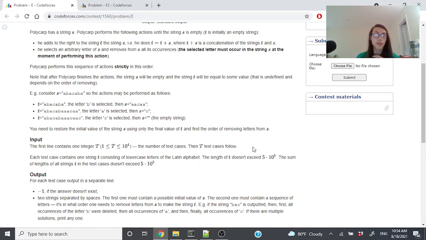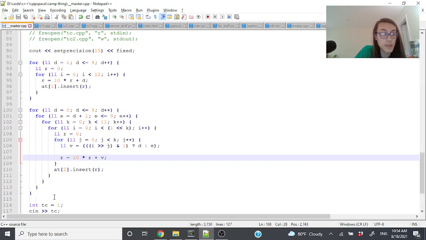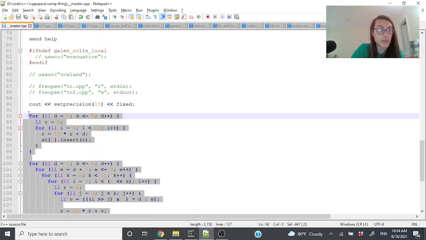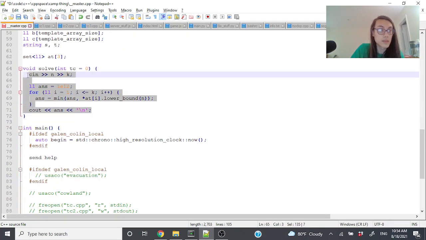Then for the first character, we can find the number of this character in S, because it will show up s.length times, or the amount of the last character times the length of the string. Yeah, okay, this actually shouldn't be that bad, so that's fine. I'm going to do that then.